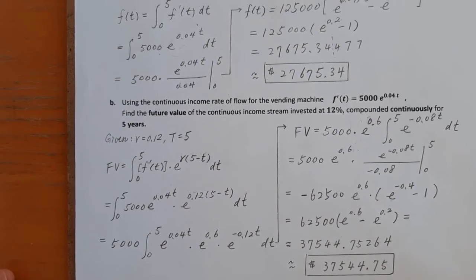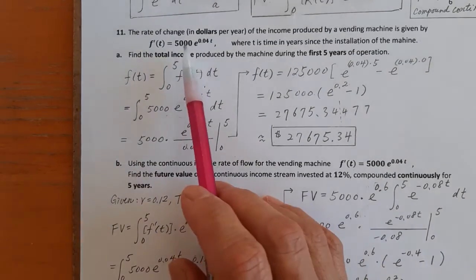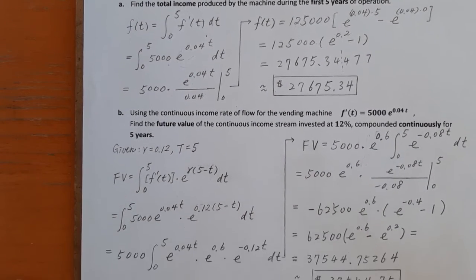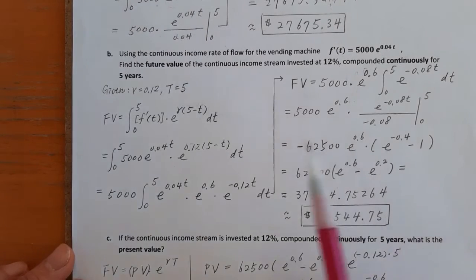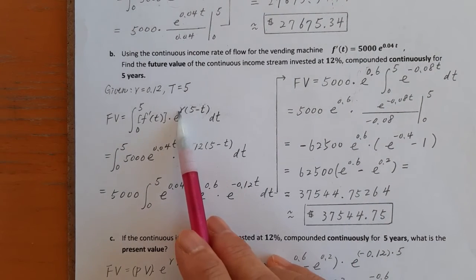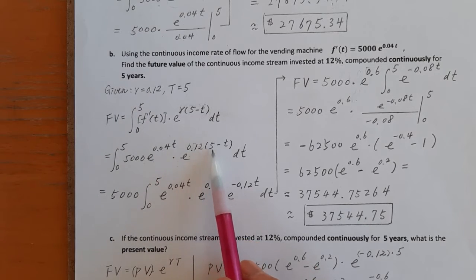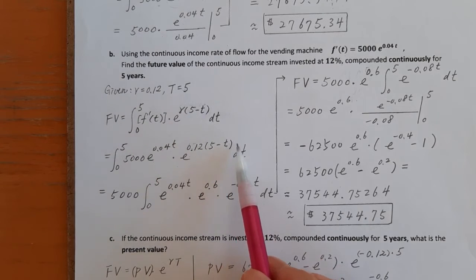F prime of t given here is 5,000 e to the power 0.04 t. That's f prime of t, plug in. Then e to the power r, smaller r, 0.12 times 5 minus t, dt.